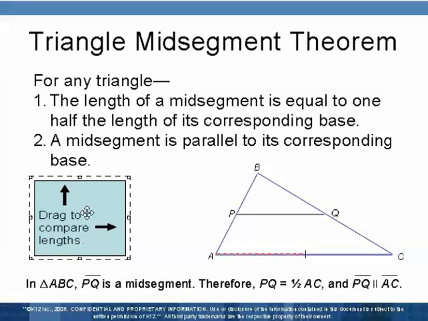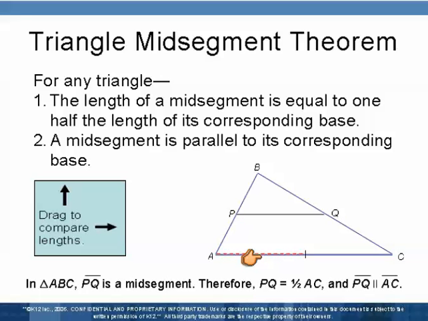Okay? So just like we did with the parallel lines and transversal, the length of a midsegment is equal to 1/2 the length of its corresponding base. The midsegment is parallel to the corresponding base. What we're telling you here is if these lengths are the same, then these two lines, PQ and AC, are parallel to each other.